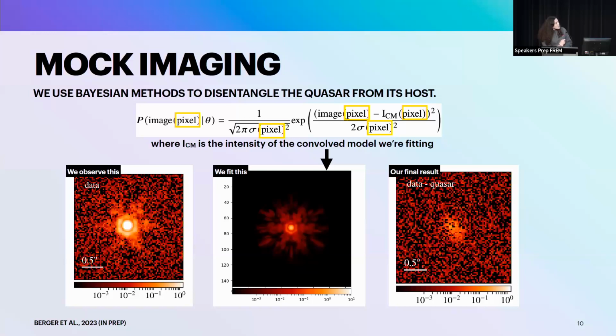So for the summation of the image values at a particular pixel, what are the parameters that describe the host galaxy and the point source well? And then we fit this convolved model, which is this nice looking noiseless image because it's perfect at this point, which has the underlying host, the quasar, and the PSF convolved on top of it. And then with that in hand, we know what the point source is supposed to look like, so we can subtract off the point source from the data to get our final result, which should just be the underlying host galaxy.